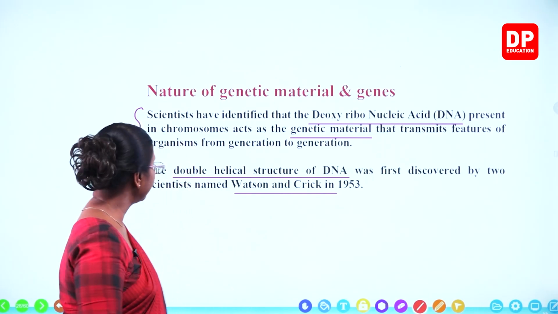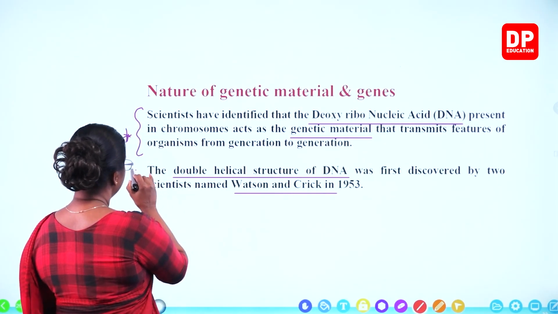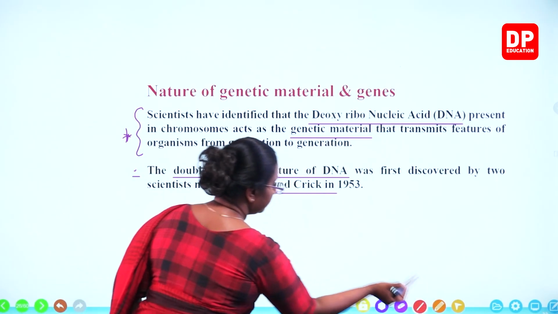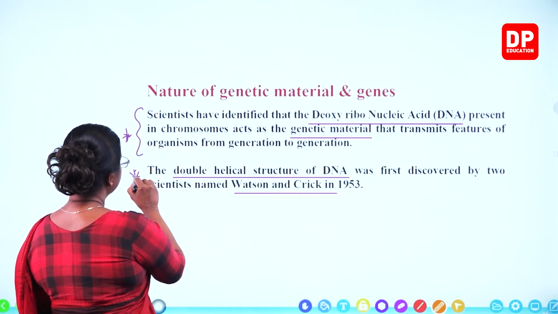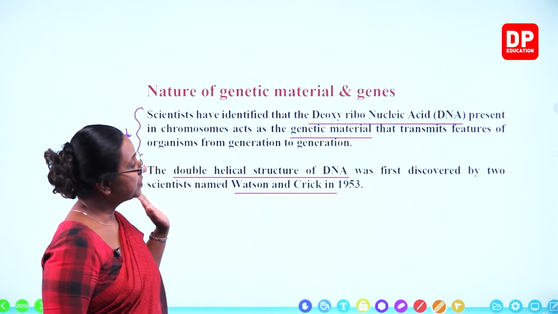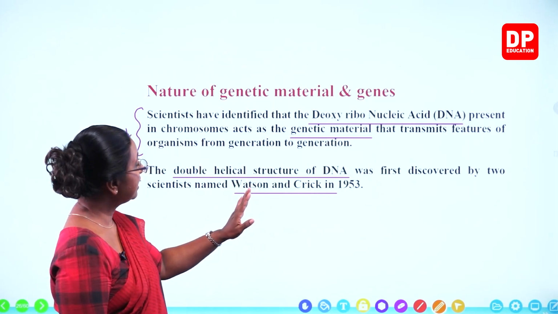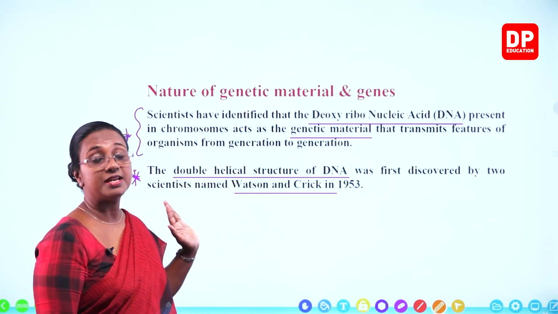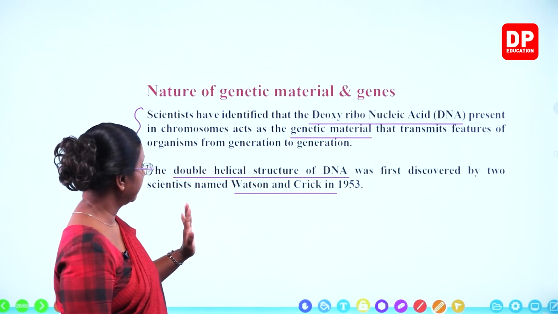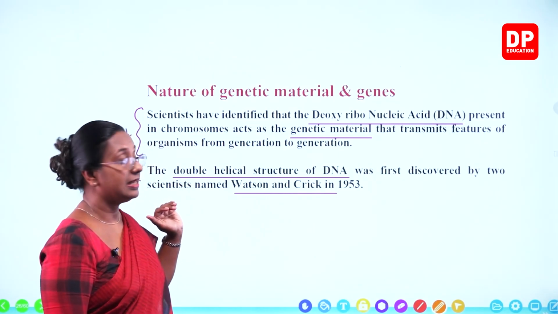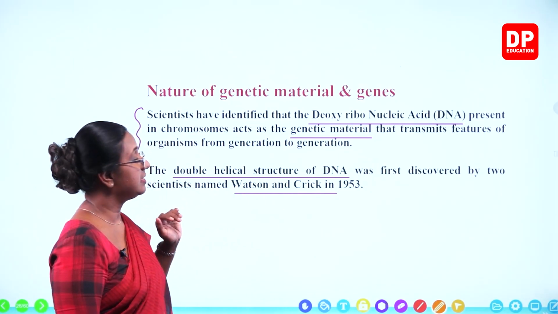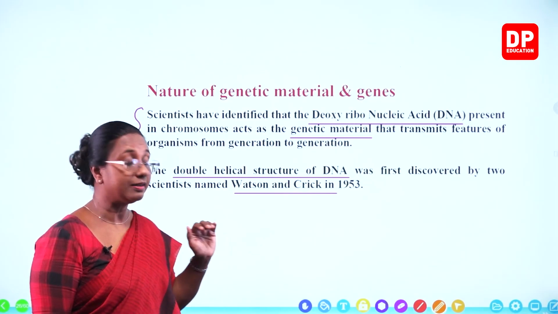So this is also very important. You have to know that. You need to understand this. So deoxyribonucleic acid, that is DNA, is the component that stores the genetic material, and it has a double helical structure, and that was discovered by Watson and Crick.